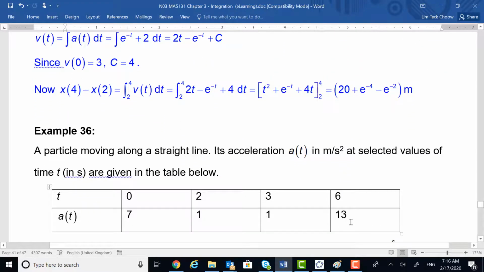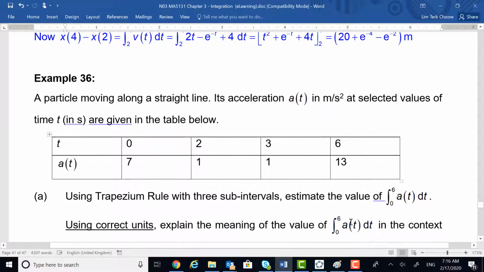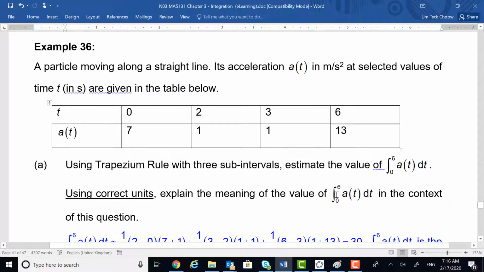And example 36. In example 36, you're not given a function, you're given a table of values. These are the acceleration values and this is the time value. In the first part, they ask you to use the trapezium rule to find this integral. So you use the trapezium rule with 3 intervals. You know 3 intervals? This is 1 interval, and 2 to 3 is an interval, and 3 to 6.